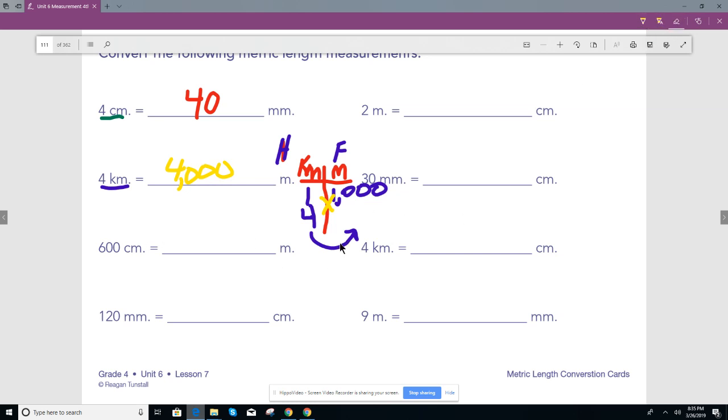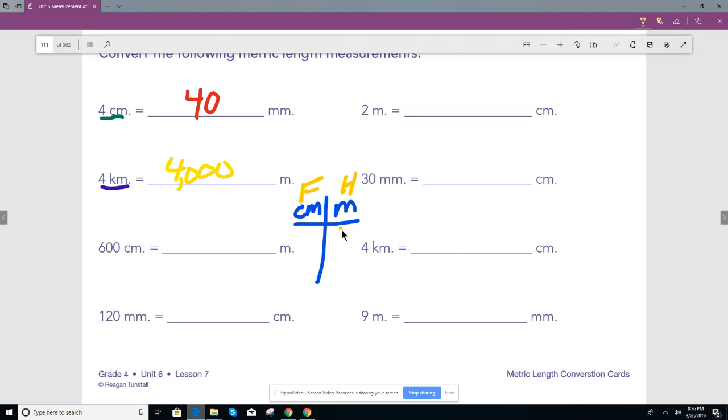600 centimeters to meters. A centimeter and a meter are not the same thing. So since they're not the same thing, what are we going to do? We are going to draw a T-chart. And we are talking about centimeters and meters. Which one is bigger? The meter. Yes, so that is the horse and this is the fly.